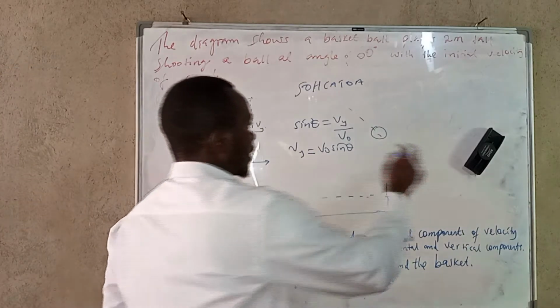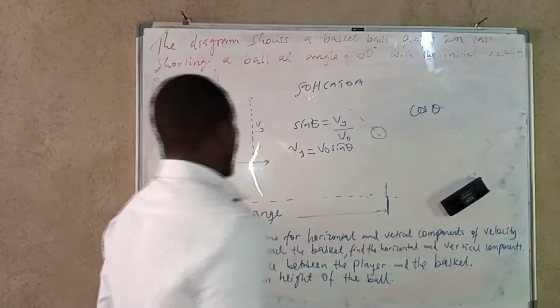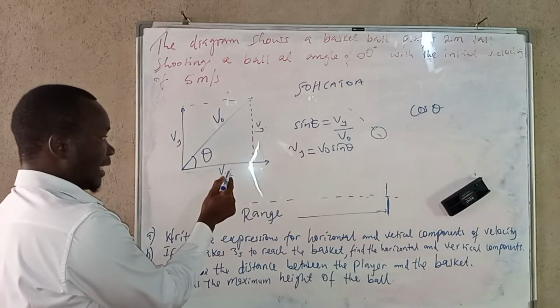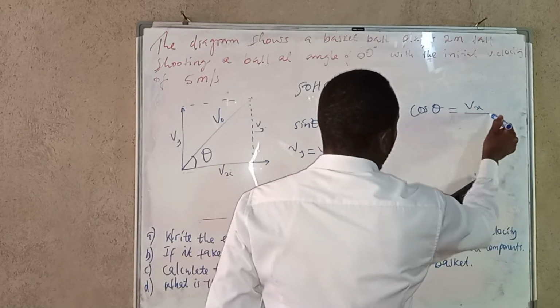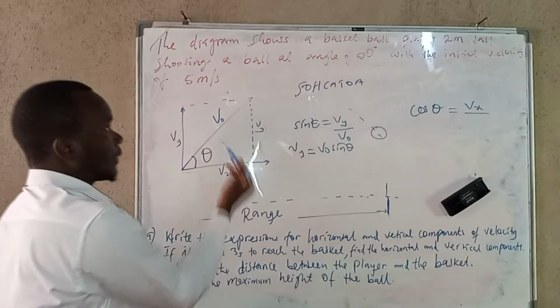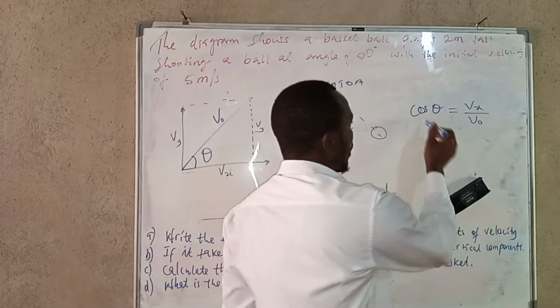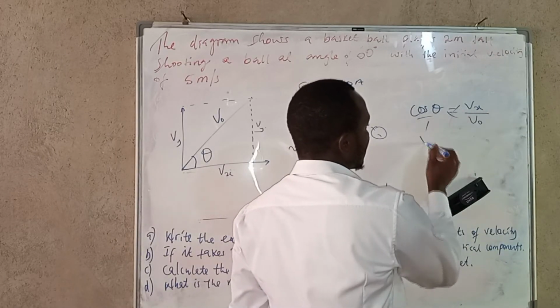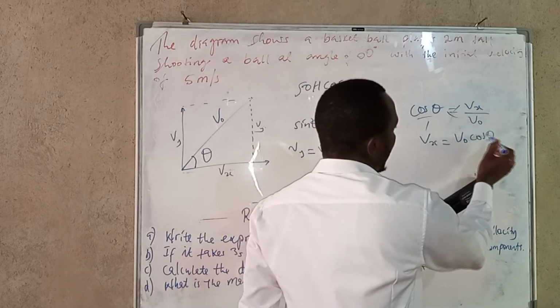Now, again, we know that cosine of theta is equal to adjacent, which is Vx, over hypotenuse, which is Vo. So we make Vx the subject, and we are going to have Vx equals Vo cos theta.